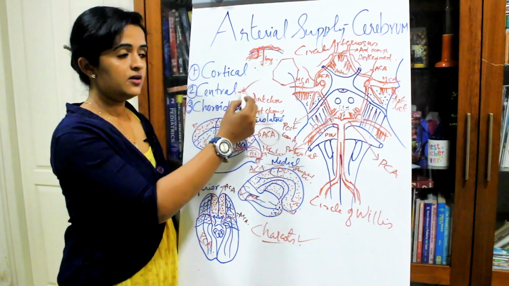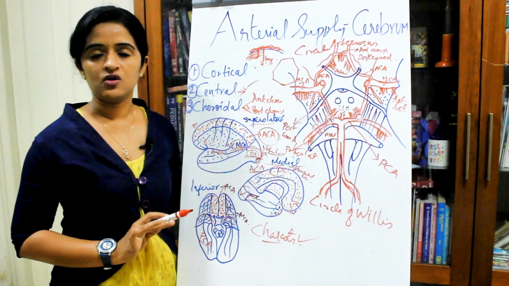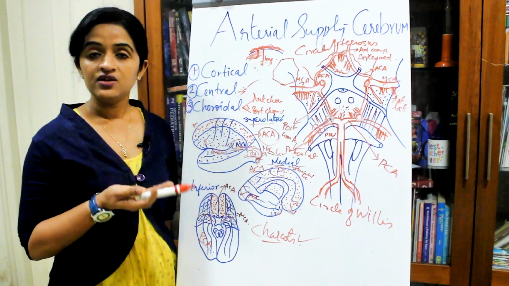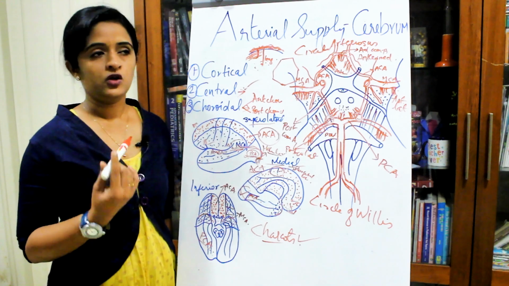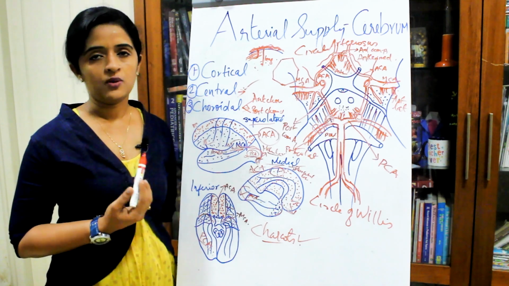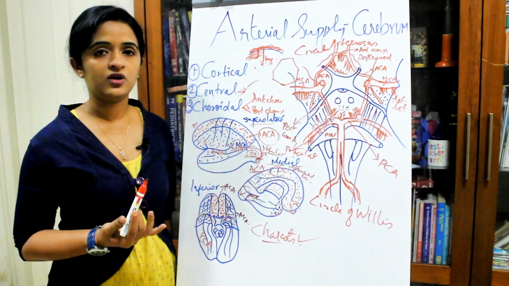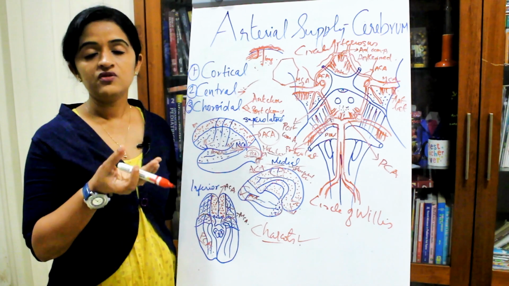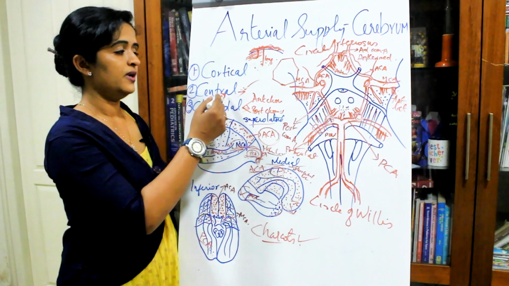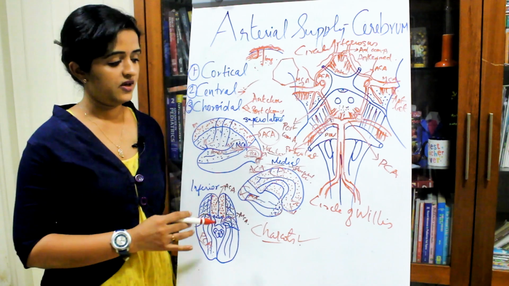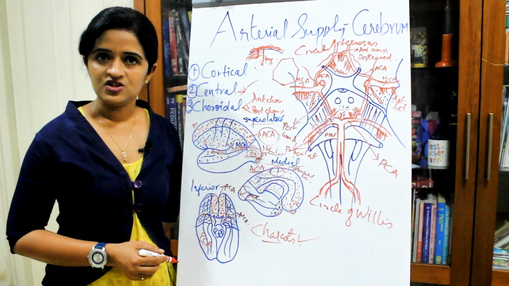The central branches are actually the branches of the circle of Willis, which is seen at the inferior aspect of the cerebrum in order to supply the internal capsule, the corpus striatum, the thalamus, subthalamus, hypothalamus and the geniculate body. So all the structures situated on the inferior aspect of the cerebrum are supplied through the central branches arising from the circle of Willis, and we have discussed the clinical conditions as well.